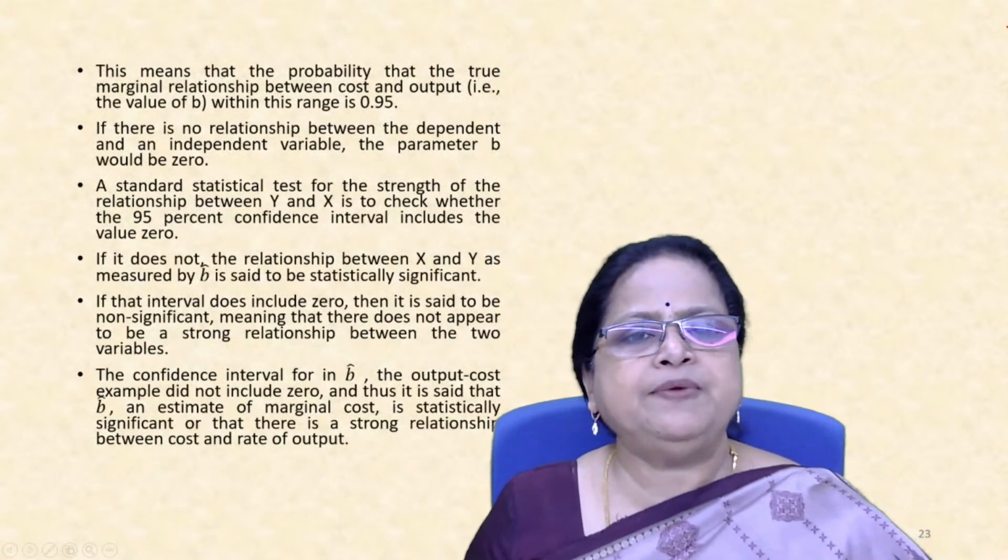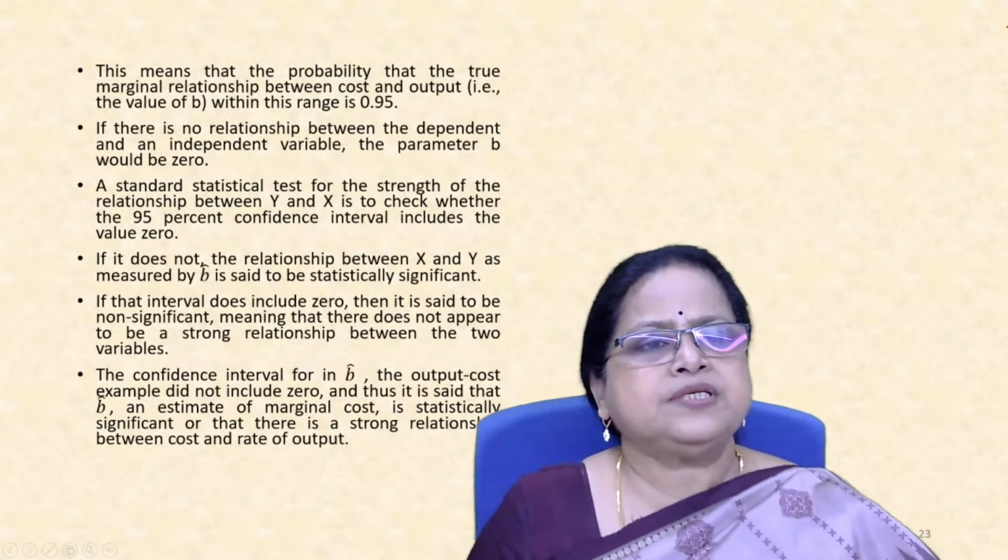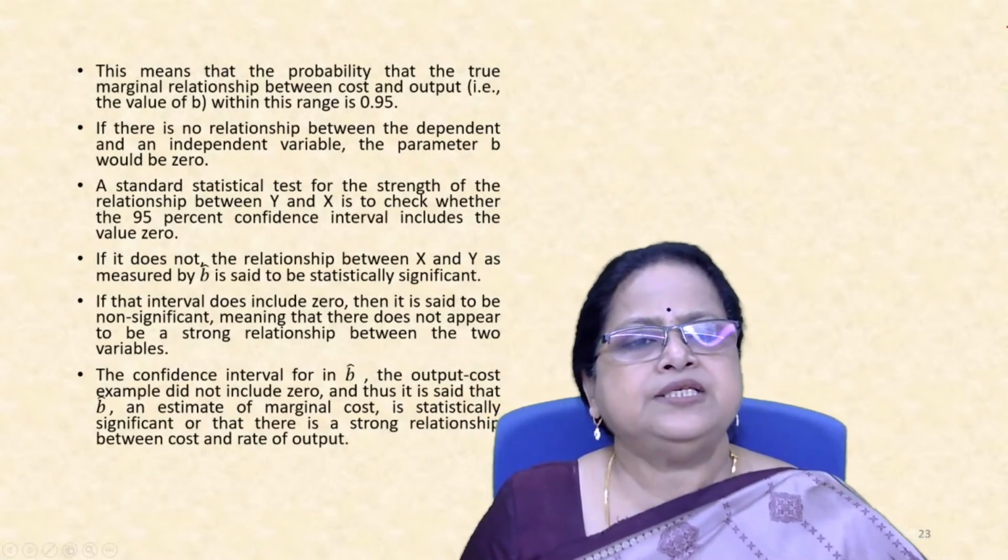Now this means that the probability that the true marginal relationship between cost and output lies within this range is 0.95.